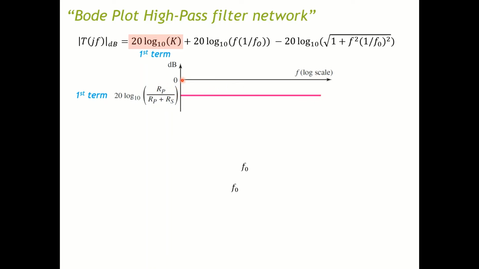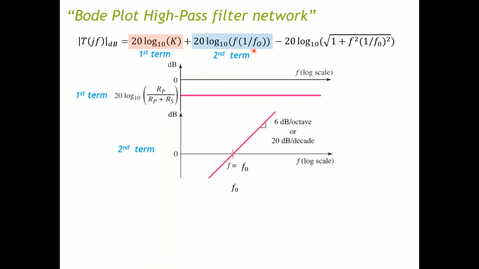Some of you may ask, why is it below 0? The answer is because we have Rp over Rp plus Rs. So this fraction is less than 1. So if you take a log of something less than 1, you have a negative number. If you take a log of 1, you have 0. If you take a log of something larger than 1, you have a positive number. Okay?